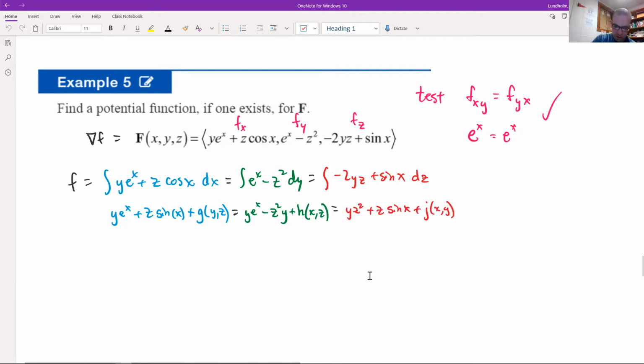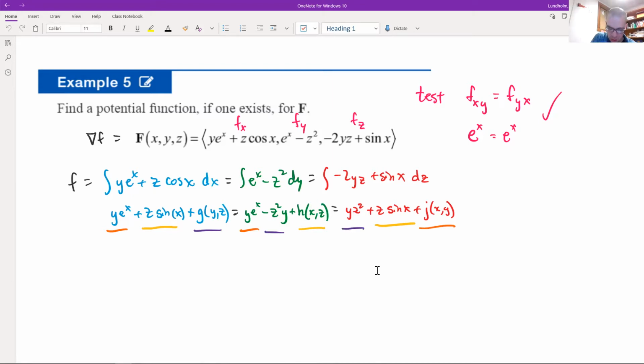Let's go ahead and look at what we've got. We have y e to the x in both of those, so that must be the same thing as j of x and y over here. Here we've got z times the sine of x. We've got h of x and z there, and we have z sine of x here. The last one, let's go purple. Some function of y and z. That function of y and z is minus z squared y.